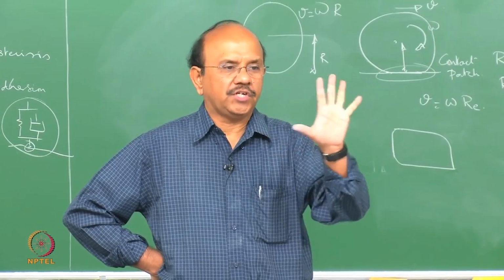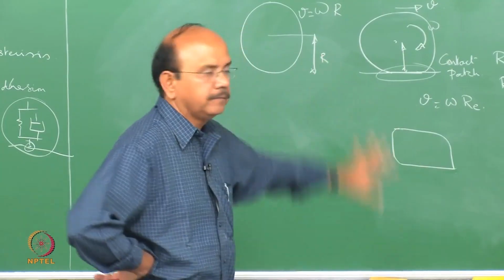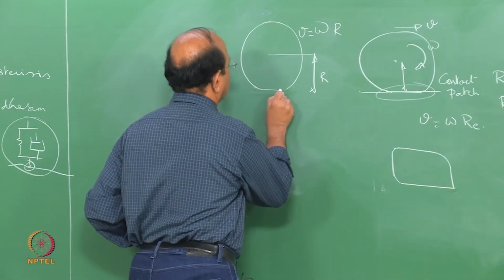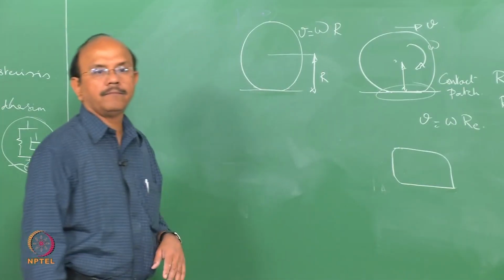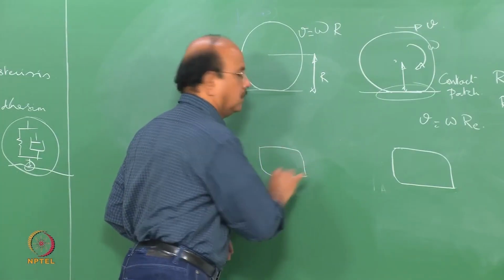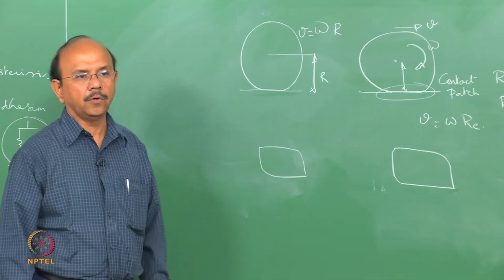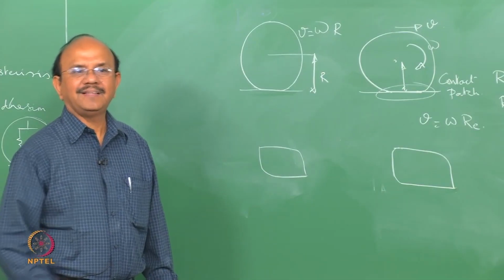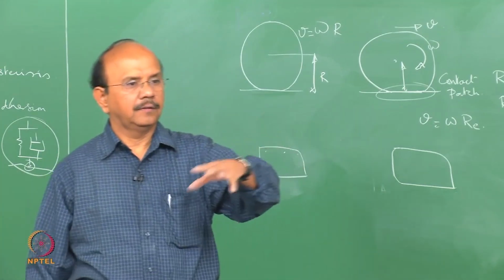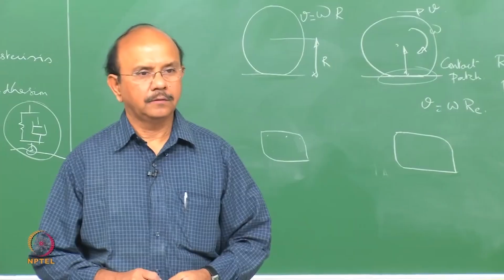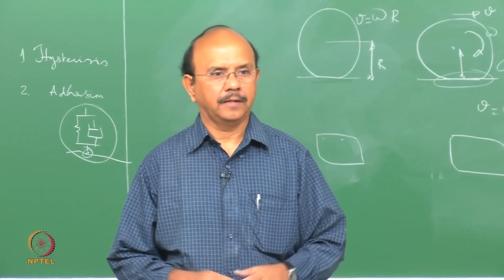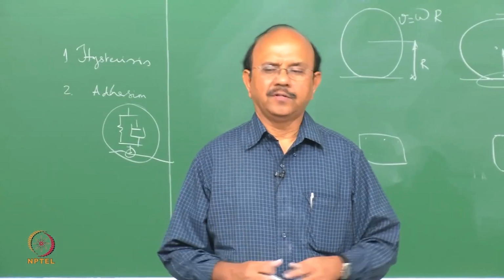When the tire is stationary, omega is not there, then you have a contact patch, of course, the region where the tire is in contact with the road. There are different points on the tire which sit at different points on the road. So all these points sit at different points of the road. Very simple to understand, nothing very difficult.